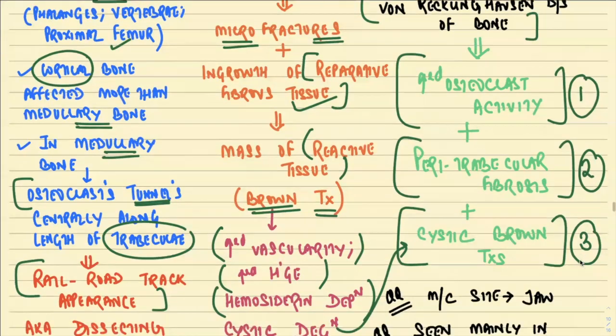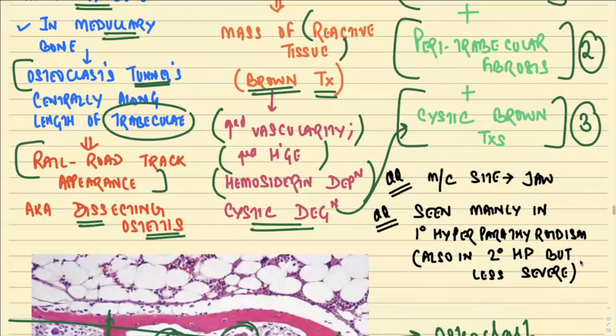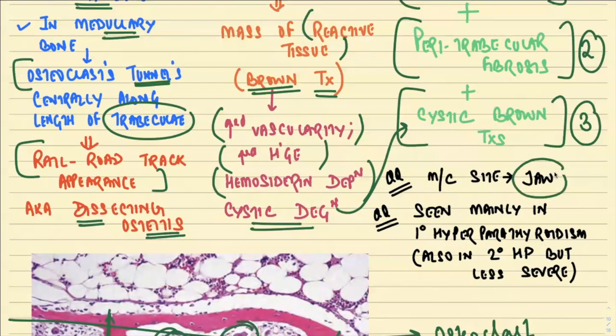The most common site of this osteitis fibrosa cystica is your jaws. Very important MCQs. This third important lesion is mainly seen in primary hyperparathyroidism, but it might also be seen in secondary hyperparathyroidism, though it is much less severe as compared to the other. So is this point very much clear?